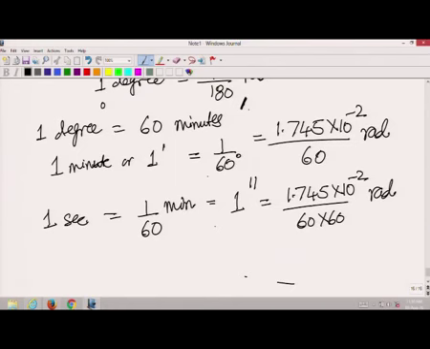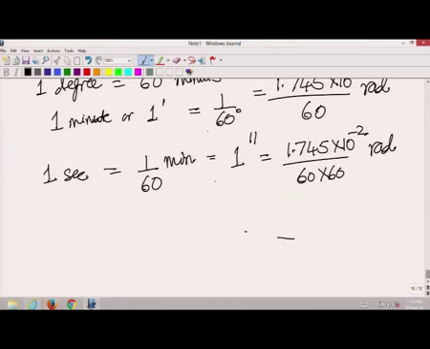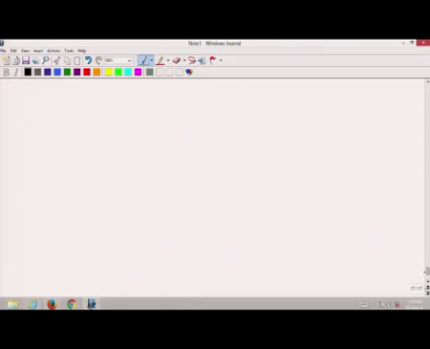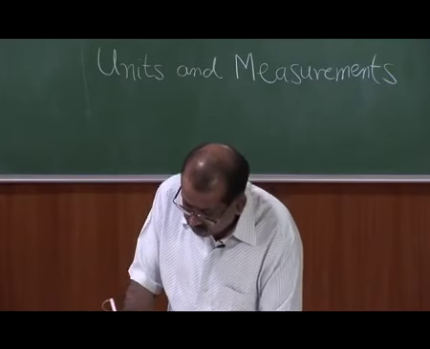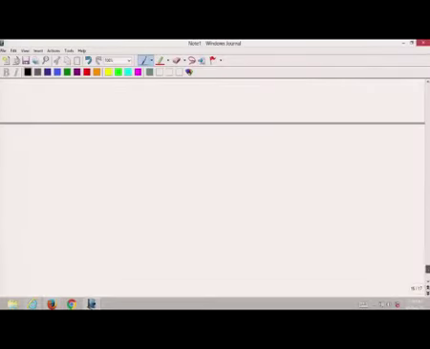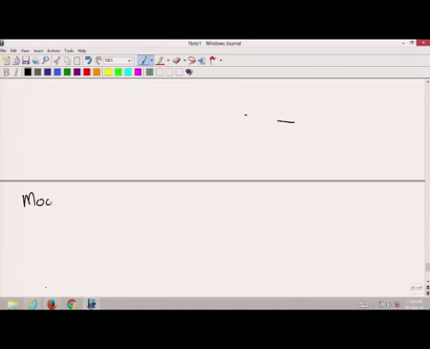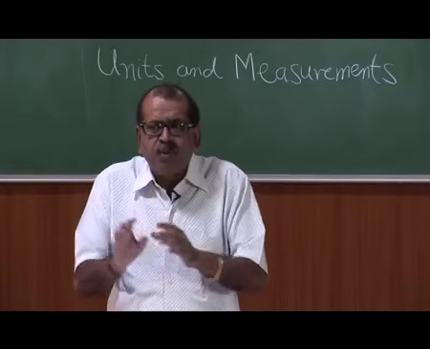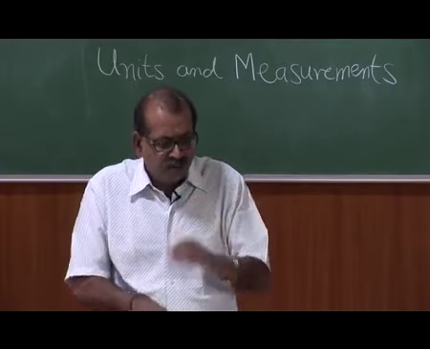So, we can take an example of a problem involving this. Be careful, and in problems like this, the best way to solve them would be to draw a figure and then work it out.